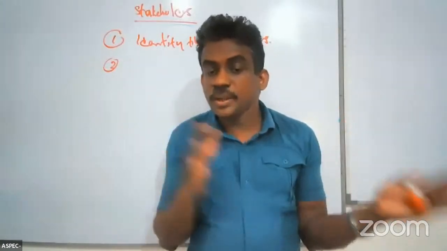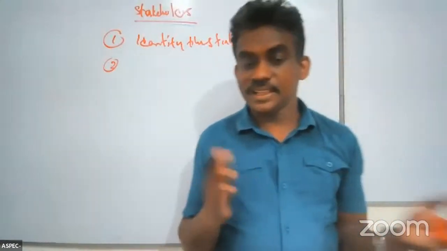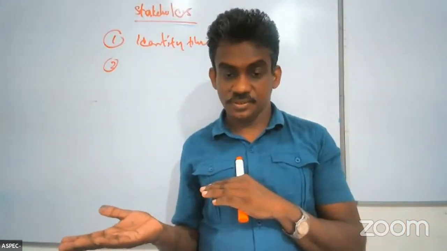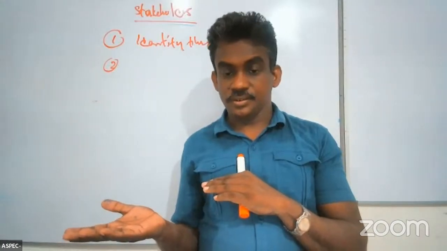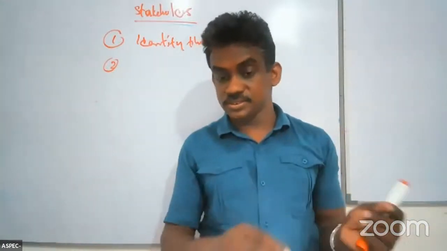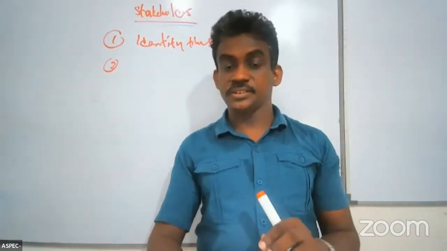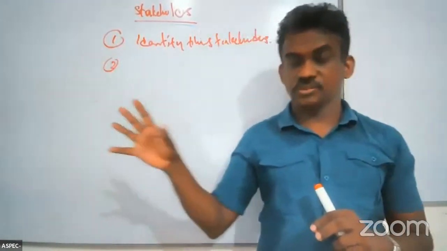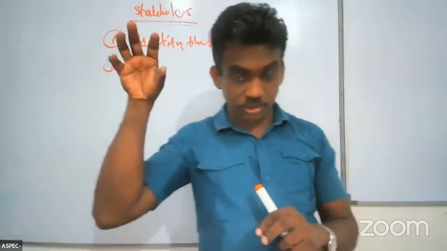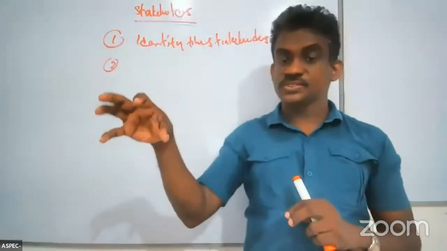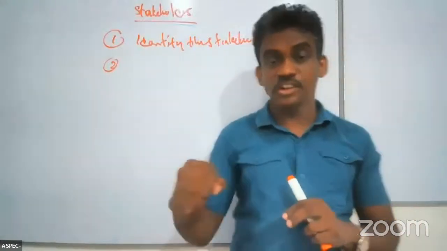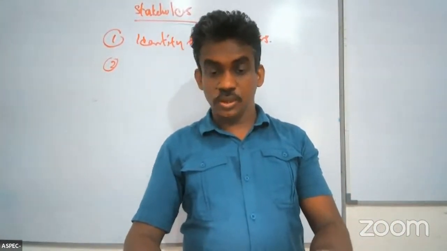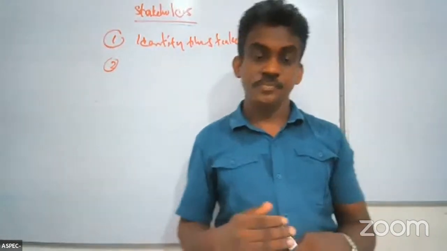We have to separate the stakeholders as internal or external, according to influence, right? You have to identify internal stakeholders and external stakeholders. Then you have to identify the type of influence. The power of the external stakeholders you have to identify, right?